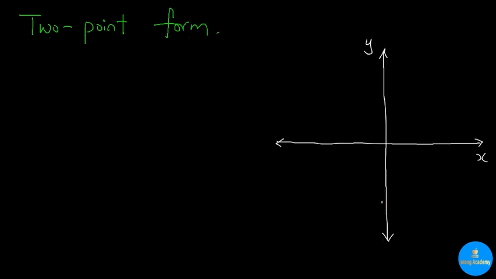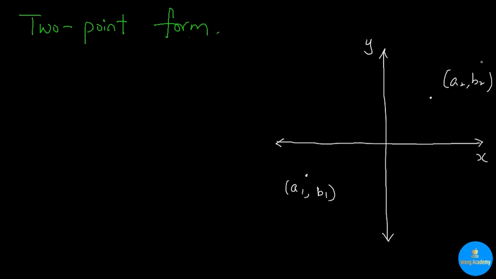Another useful form is called the two-point form. Once again, imagine that on the rectangular coordinate plane, you're given 2 points A1, B1 and A2, B2. Then there's a unique line that will pass through these 2 points.